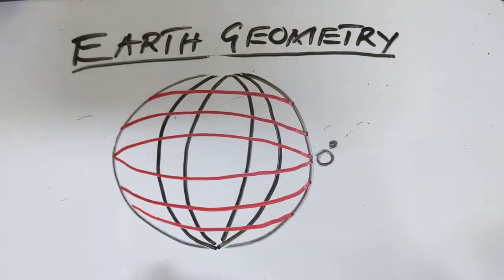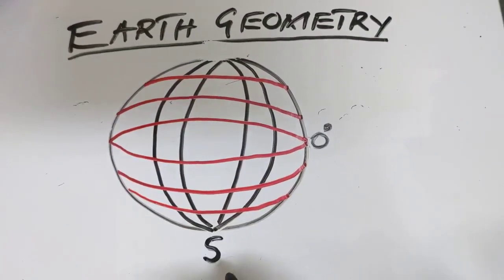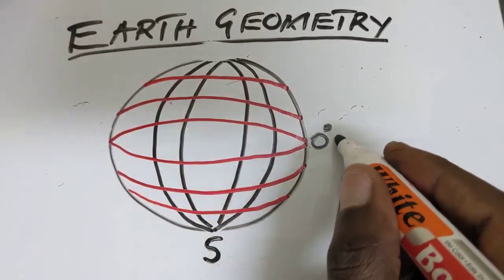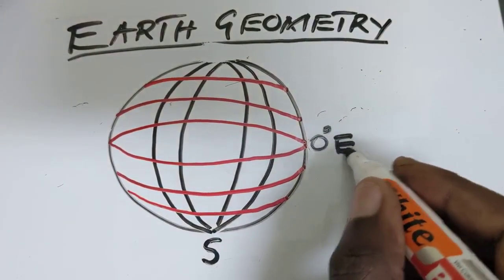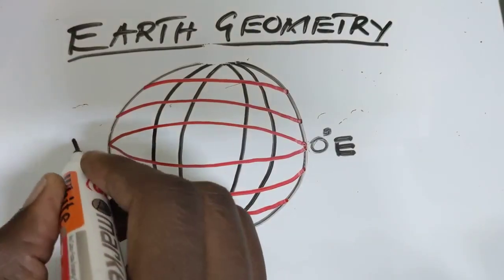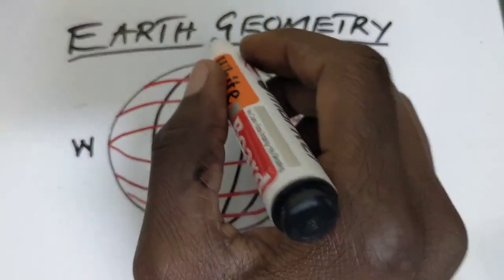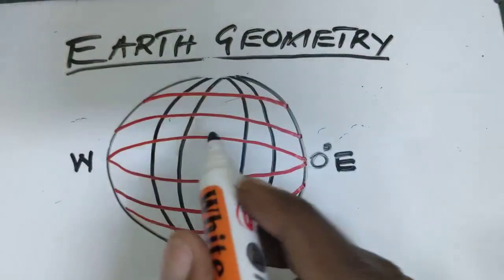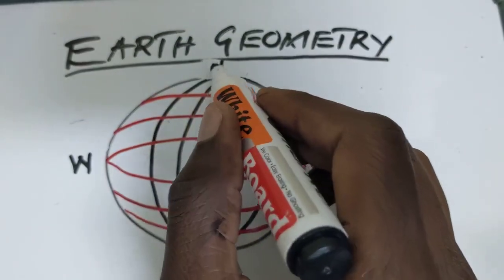This is how the earth looks like. Down here it is south, here it is east, this is west, and then this is north.